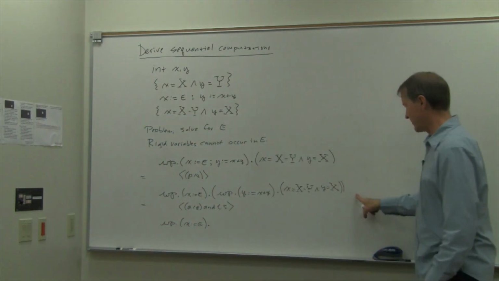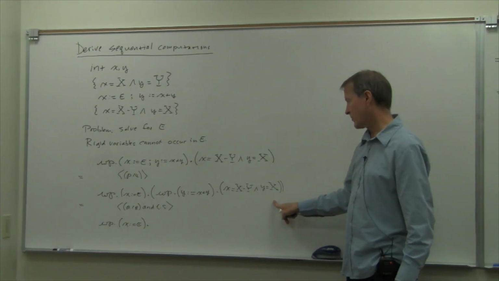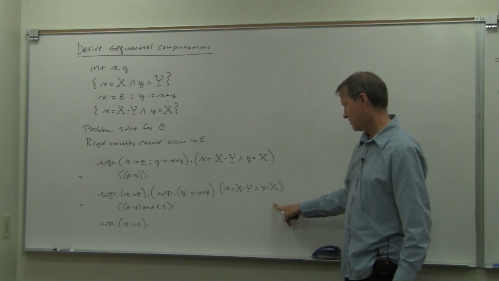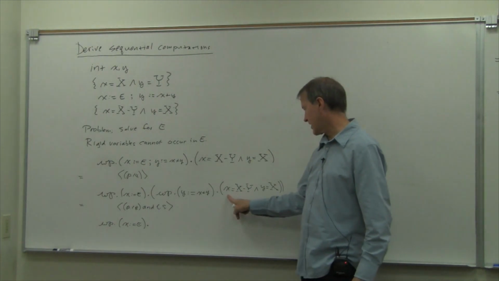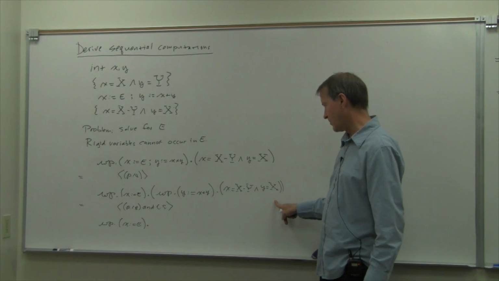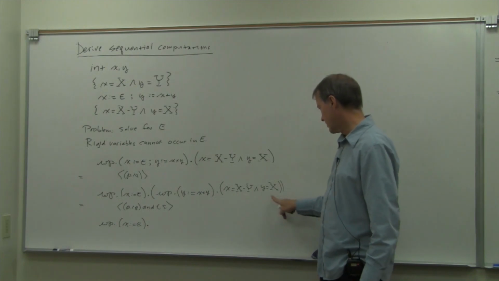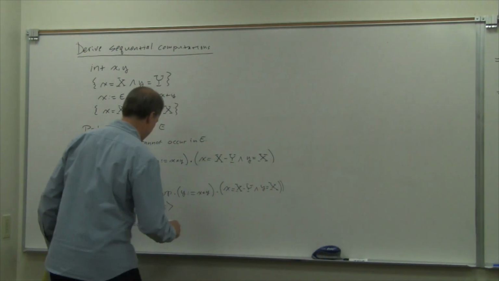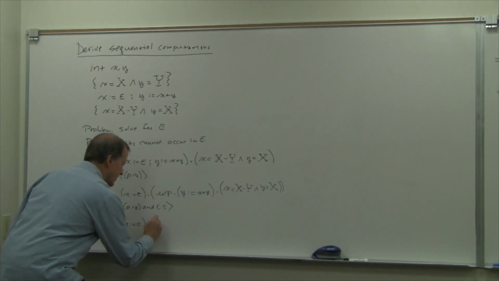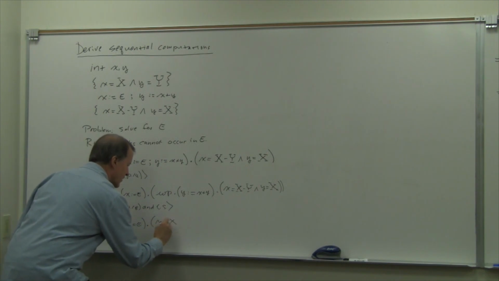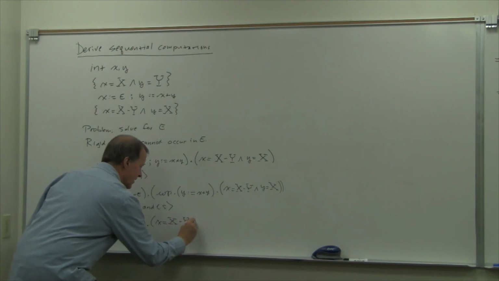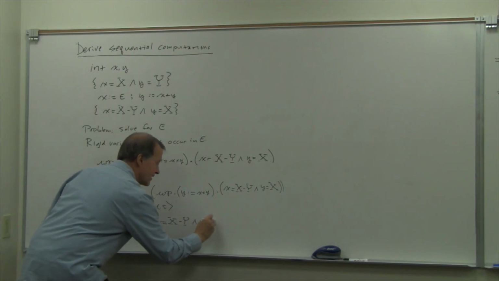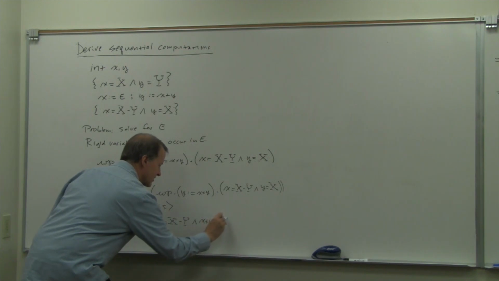Everywhere there's a Y, we replace it with X plus Y. Where are the Y's here? Just on the right. So this is X equals rigid X minus rigid Y, rigid X minus rigid Y, X plus Y, and X plus Y equals rigid X. Is everybody good?